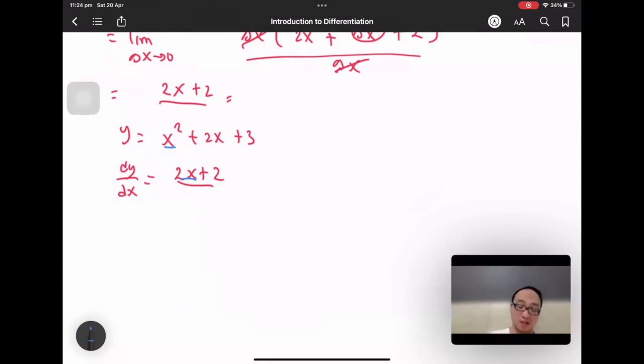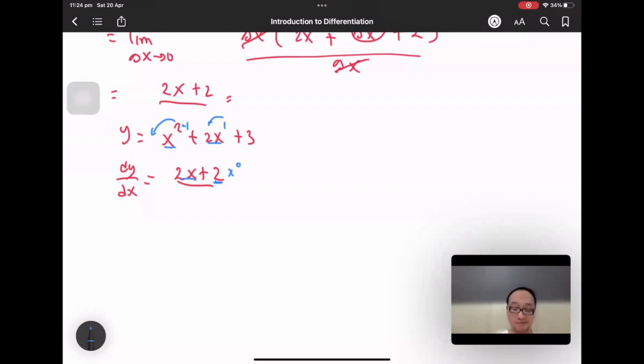So the pattern is the power is being multiplied, and then you minus the power by 1. See, if we see the 2x, this is 2x to the power of 1. So 1 times 2 is 2, and then x to the power of 0, which is 1.